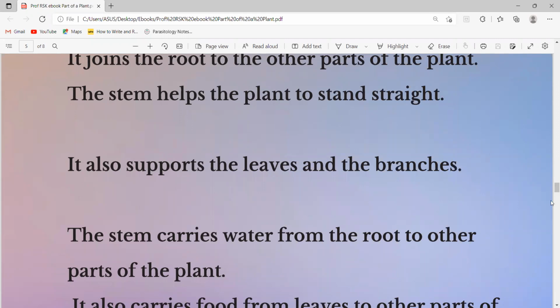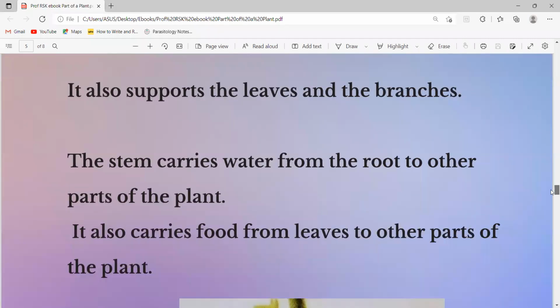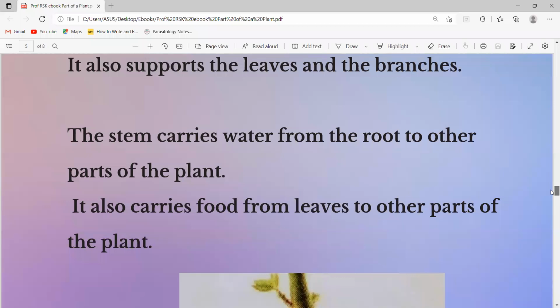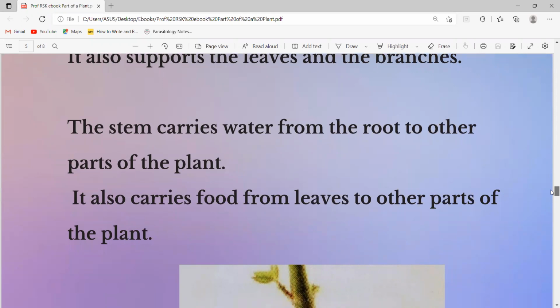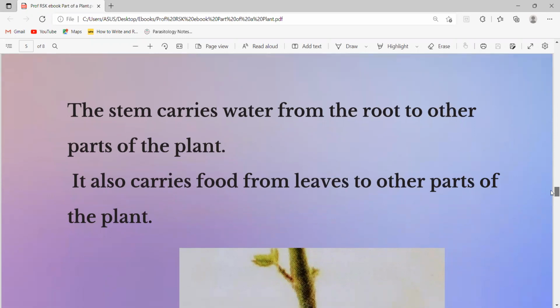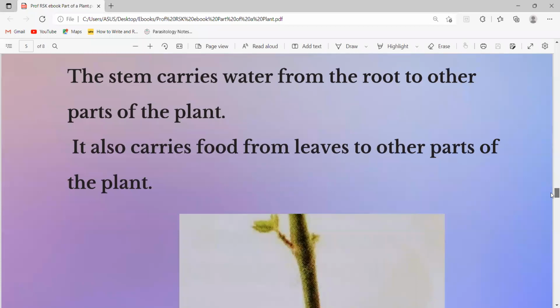So there are a lot of functions of the stem. I'll leave it to you to write the most important ones. In fact, you can just write all this into your notebook because it is very important. Since you are going to use the same thing, I will advise that you copy it directly into your books.